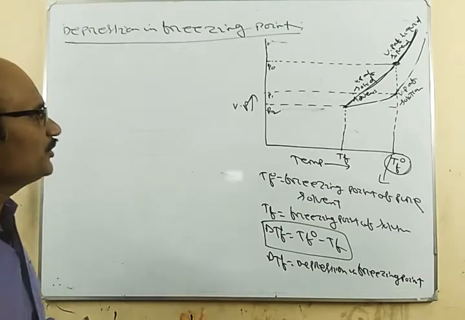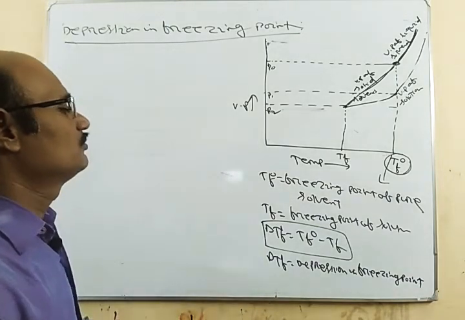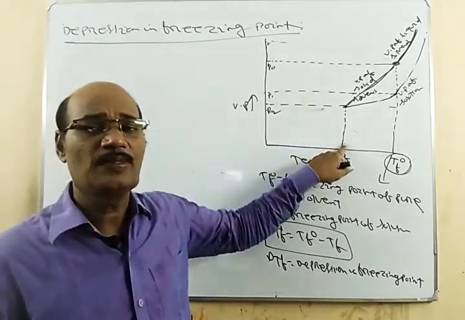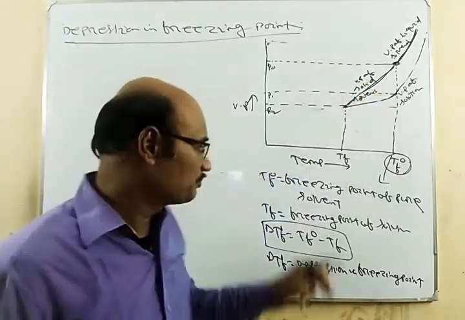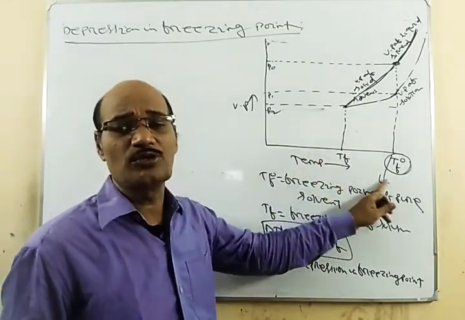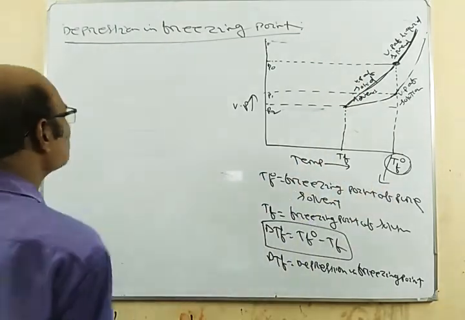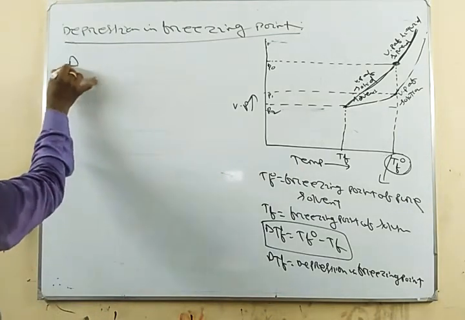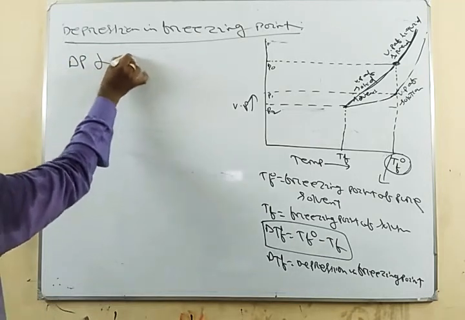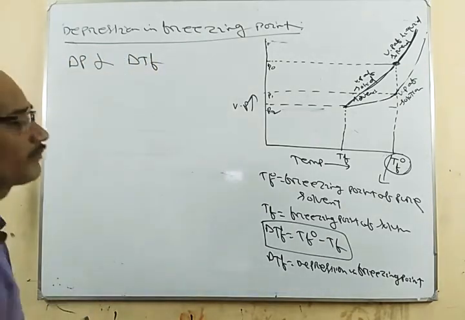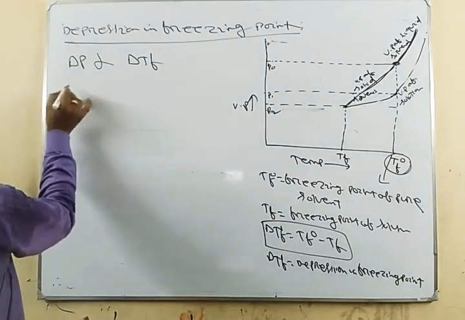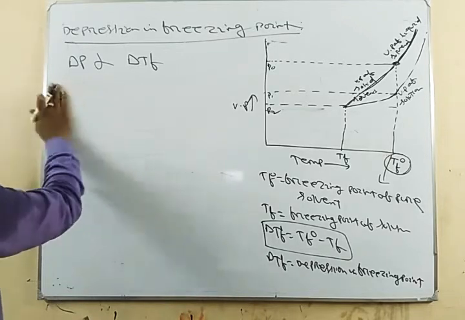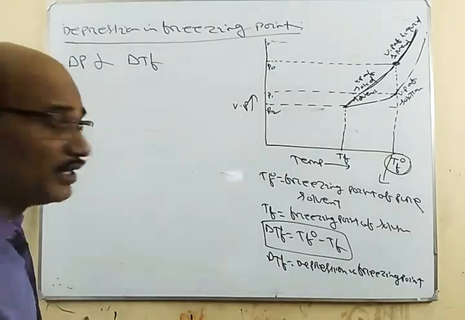Because the vapor pressure of the solution is less than the pure solvent, the freezing point is less as compared to the pure solvent. That means the depression or the lowering of vapor pressure delta P is proportional to delta TF. Okay. Here delta P is called the lowering of vapor pressure, as we already discussed in the elevation in boiling point.